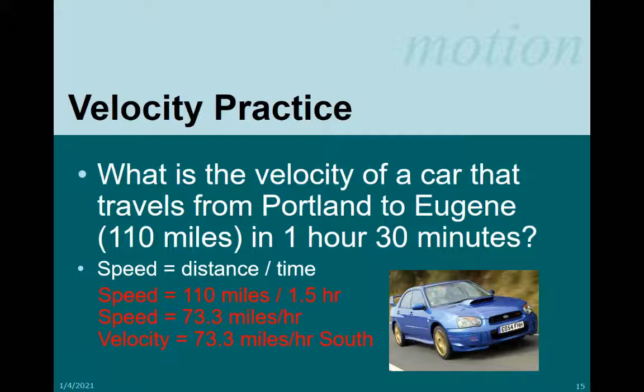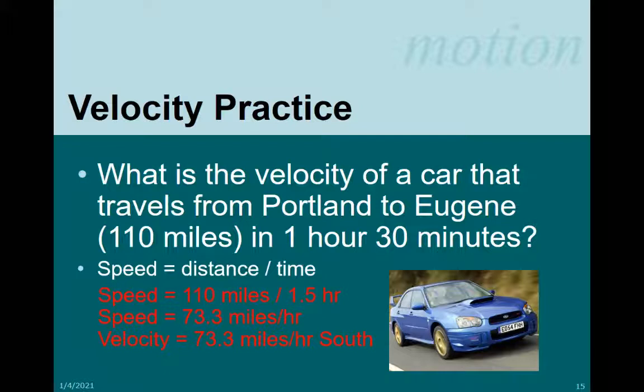Okay. That is not a velocity because it doesn't have a direction. But remember we said from Portland to Eugene, which is approximately south. So the actual answer here would be the velocity equals 73.3 miles per hour to the south. And that's how you do your velocity and speed calculations.